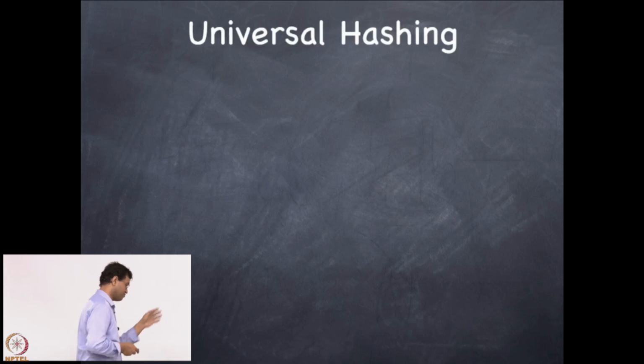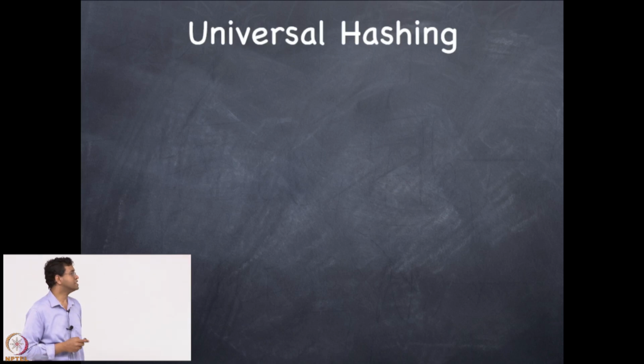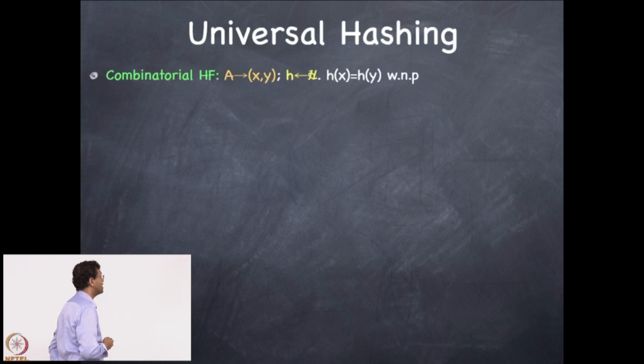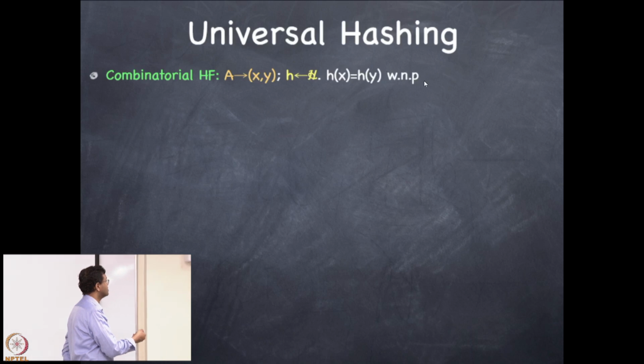Okay, so now going back to the flavors of hashing, the first one was combinatorial hashing, and universal hashing is a particularly nice form of that. So this was a requirement, right? The adversary should find a collision with negligible probability. So first it picks x and y, then we pick h.